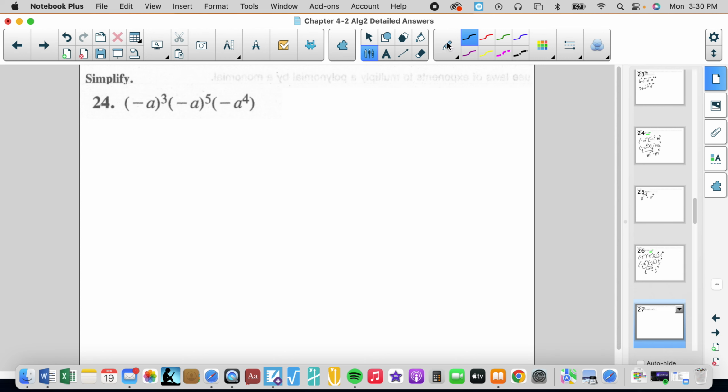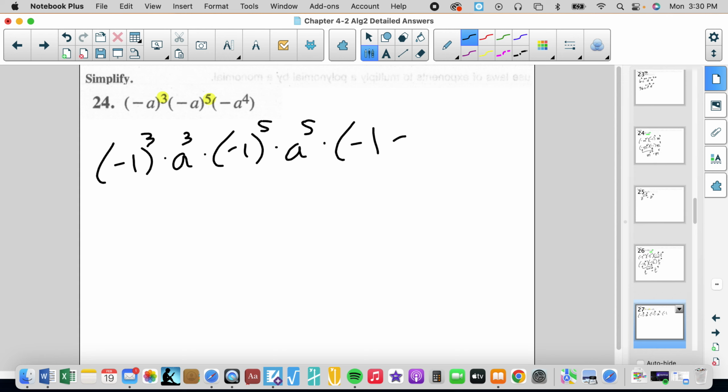Oh, 2 outsiders. So that's outside, that's outside. Another one is inside. So we have negative 1 to the 3rd times a to the 3rd times negative 1 to the 5th times a to the 5th times negative 1 a to the 4th.